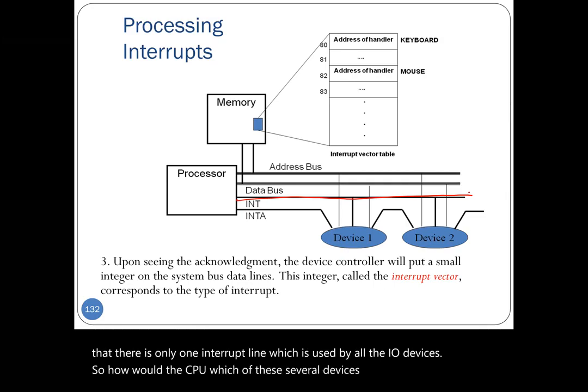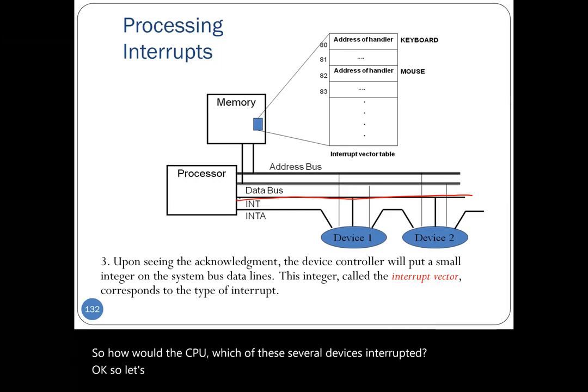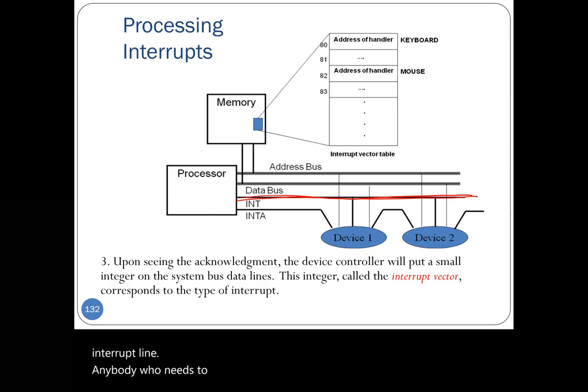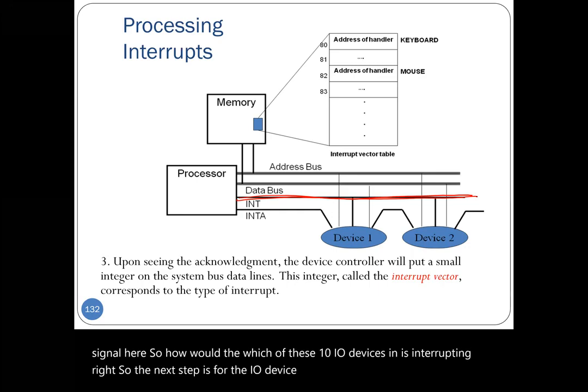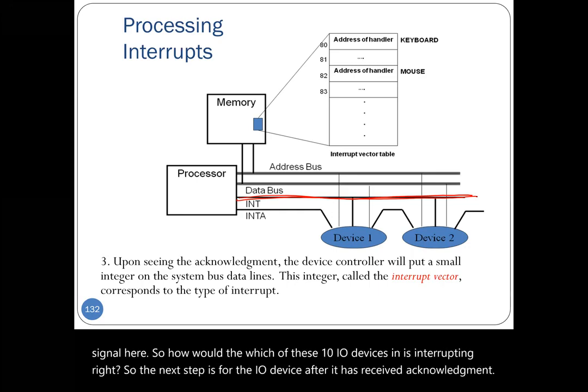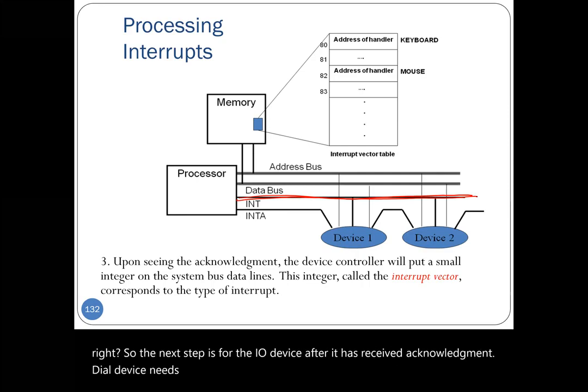Let's say there are 10 IO devices connected to the same interrupt line. Anybody who needs to interrupt the CPU would be asserting a signal here. So how would the CPU know which of these 10 IO devices is interrupting? So the next step is, after the IO device has received the acknowledgement, it needs to identify itself so that the CPU knows which interrupt has been raised.